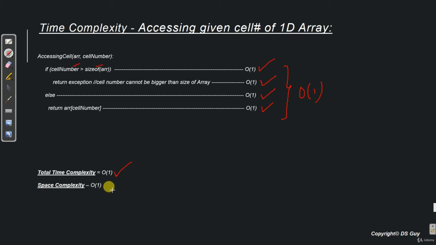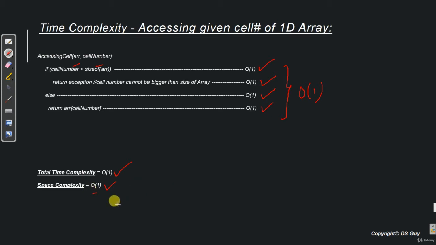Now coming to the space complexity, even that is order of 1, and the reason is we need not use any space which is proportional to the size of the array. We might use a temporary space or a variable, and that will hit us by a constant space complexity, which is order 1 in this case.